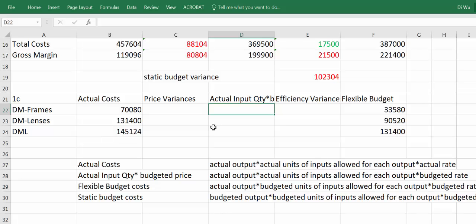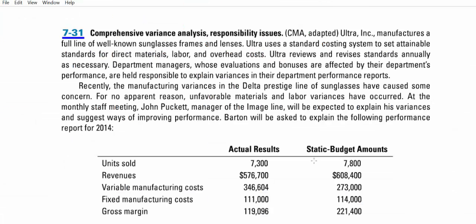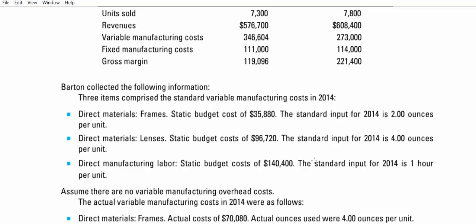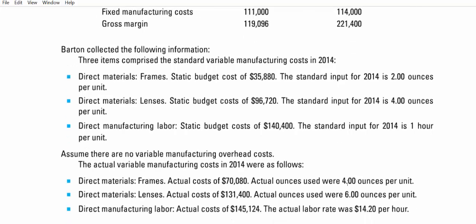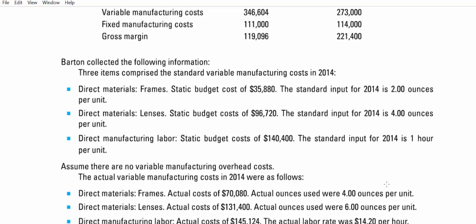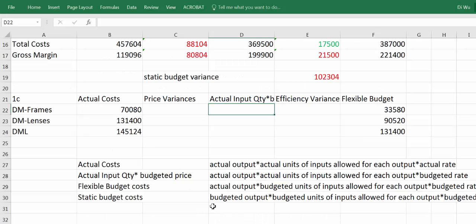Looking at the frames, the actual says we're going to use 4 ounces per unit. That's perfect. From that, we can also find the actual rate.